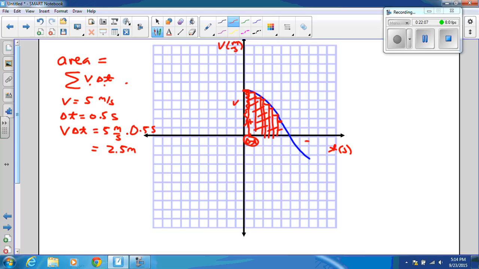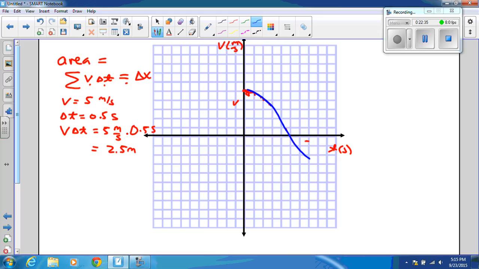And if I now repeat that process for each small half-second time interval, where I go to the height on the curve and multiply the height, which is velocity, times delta t, then I get the distance traveled for each time interval. When I add them all up, that gives me the total displacement for that time interval.